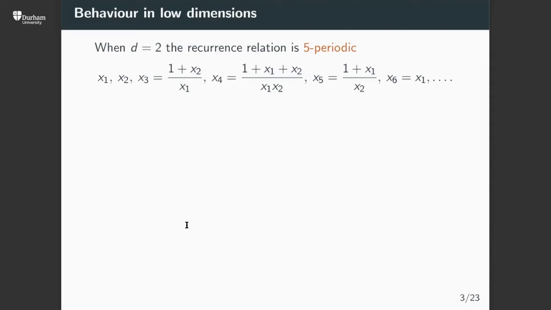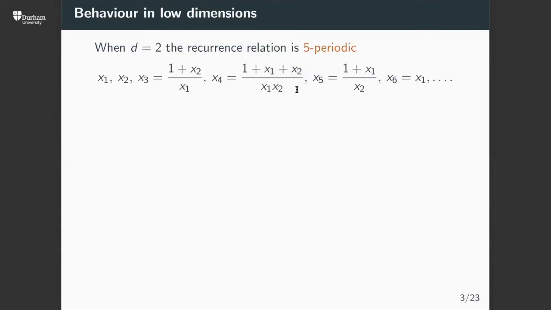So if you start doing this map, I start with x1 and x2, and then x3 is given by 1 plus x2, and then I divide by x1. And then x4 will be given by 1 plus x3, and I divide by x2. But when I write that in terms of x1 and x2, I get this thing.